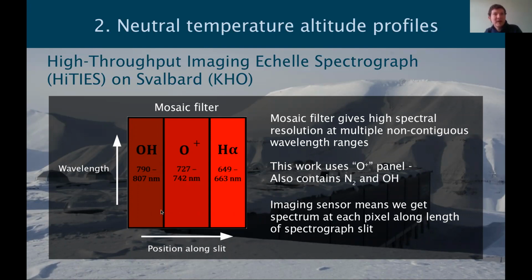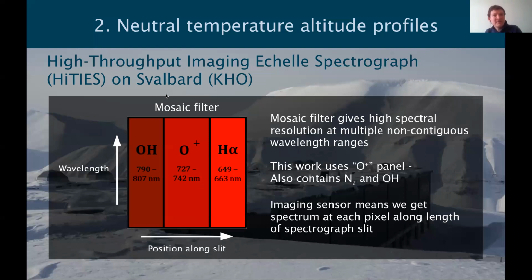So here we've got 3 panels in this mosaic, looking at these different wavelength regions. It's actually only this central one which I'm going to be concentrating on today, which we call the O+ panel, although it also has N2 and OH in it. So we get a high spectral resolution of about 1 angstrom within this wavelength range.